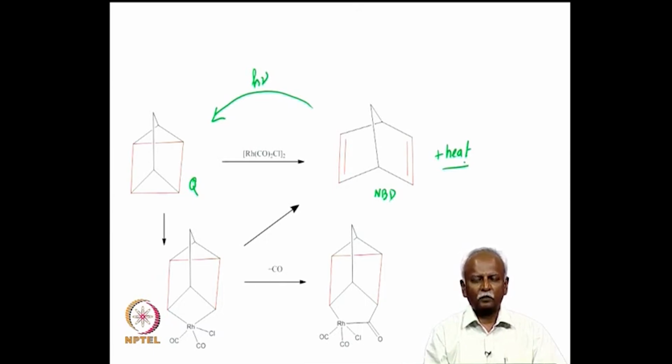Now, it turns out that the reaction which leads to conversion of quadricycline to norbornadiene has to be catalyzed. It does not happen at room temperature without any catalyst, and that is because this is an orbital controlled reaction and the cycloreversion turns out to be difficult.